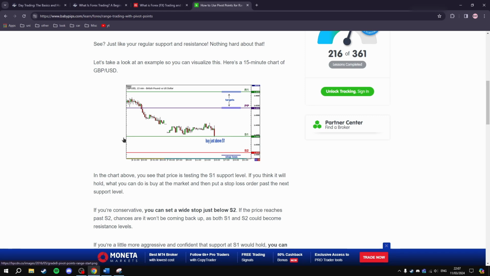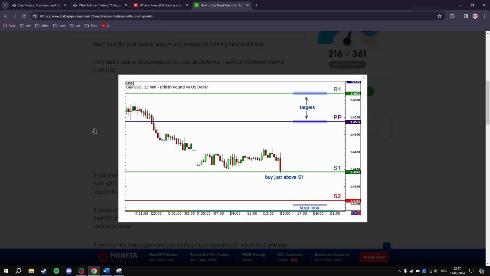Here's a 15-minute chart of GBP USD. We've got the pivot point line here, and the support 1, resistance 1, and support 2. The price is very close to support 1.